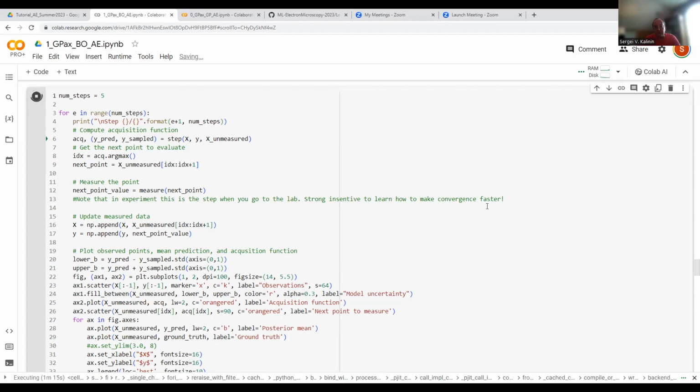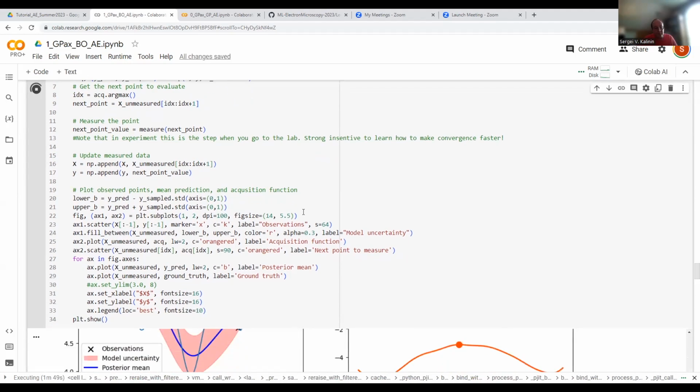When I was young, 30 years ago, as an undergraduate student at Moscow State, our professors used to say that a day in the library can save you a week in the lab. Now we have computers, so we don't have to go to the libraries anymore. But a few hours tuning the algorithm on the past data or using some form of model can save you quite a considerable time going to the lab and making samples. So there is a strong incentive to play with it first.